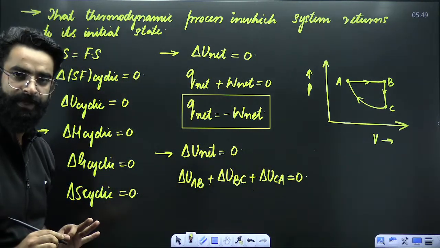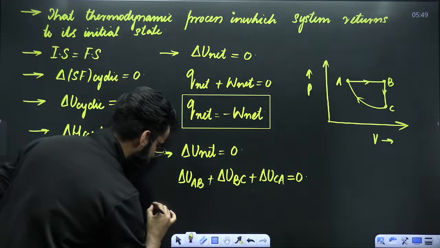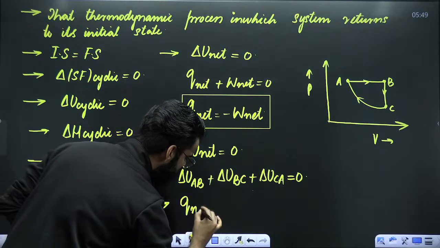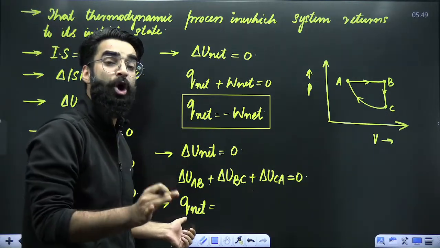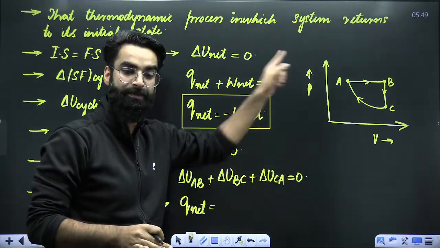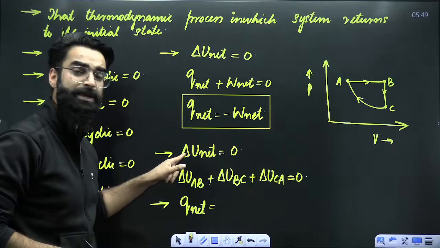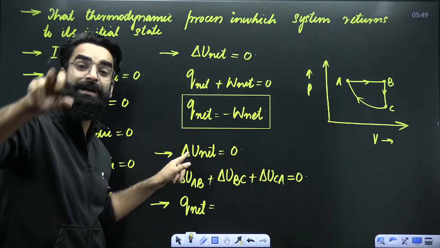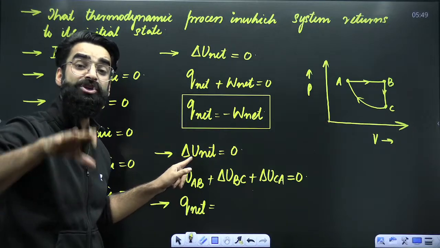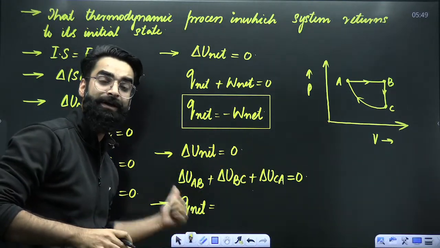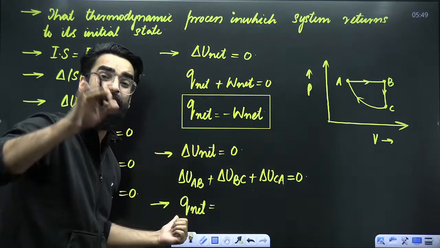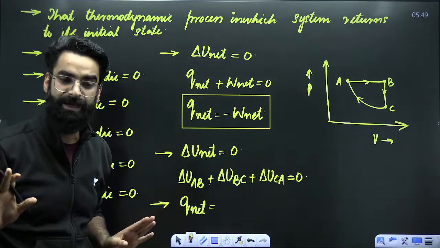Point number 1, right? Similarly, point number 2. If I ask you what is Q net basically? Q net is basically the net heat absorbed or released by the gas during the cyclic process, right? What is delta U? Delta U is the net change in internal energy, the total change in internal energy of the gas during the cyclic process. That has to be 0. If I ask you, Q net is the total heat absorbed or released by the gas during the cyclic process.